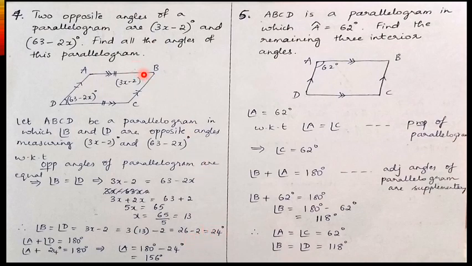That means angle B is 24 degrees. Angle D is also 24 degrees. You can check by substituting the value of x in the other expression, and you will get 24 only. After finding 24 degrees, you can find angle A. 180 minus 24 degrees gives you angle A, which is equal to 156 degrees. So this is how you find all the angles of a parallelogram.